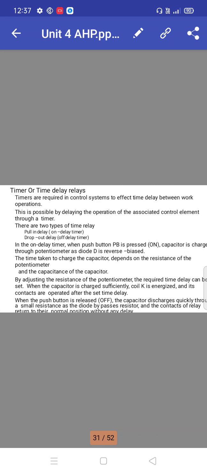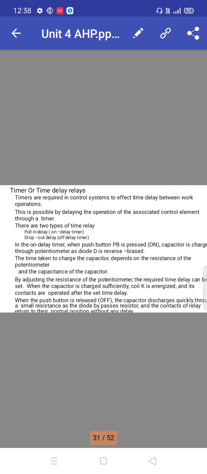In the on-delay timer, when push button PB is pressed, the capacitor is charged through the potentiometer as diode D is reverse biased. The time taken to charge the capacitor depends on the resistance of the potentiometer and the capacitance of the capacitor. By adjusting the resistance of the potentiometer, the required time delay can be set.